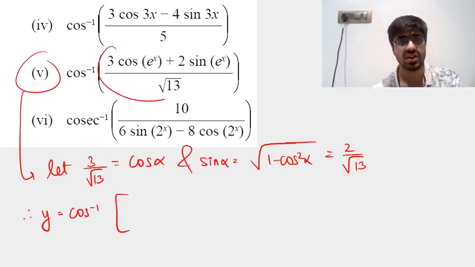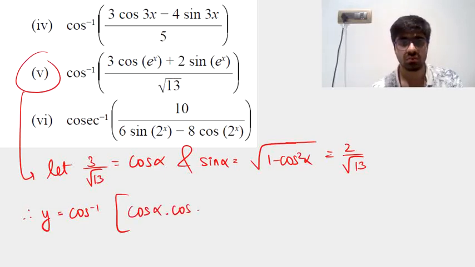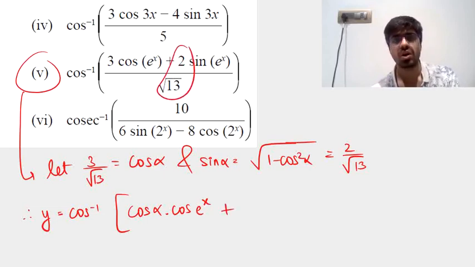So y will now be 3 by root 13, which is cos alpha, into cos e power x, plus 2 by root 13, which is sin alpha, into sin of e power x.